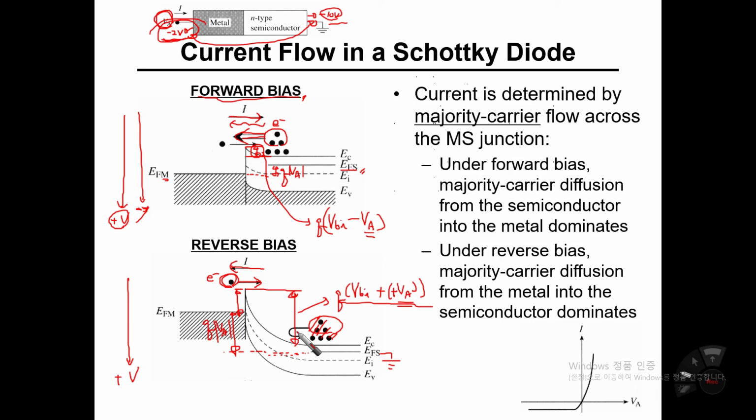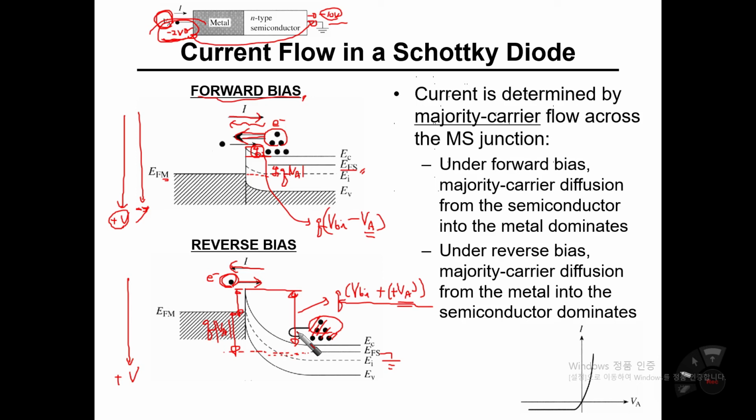So on the right hand side, you can see the summary on current flow in a Schottky diode or MS diode. Current is determined by majority carrier flow across the MS junction. So why majority carrier flow? Now we have used the n-type semiconductor and we focused on how electrons move back and forth across the MS diode.